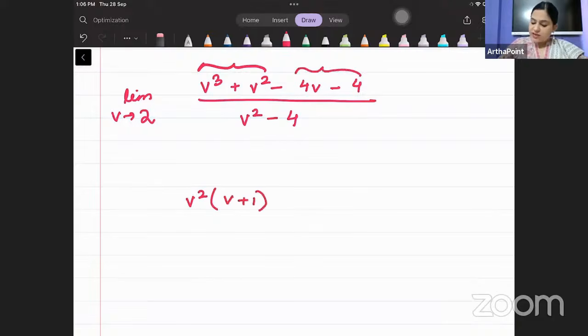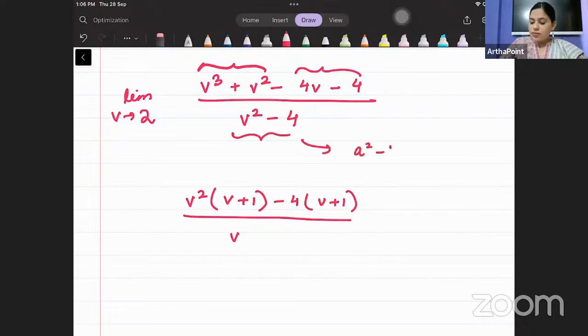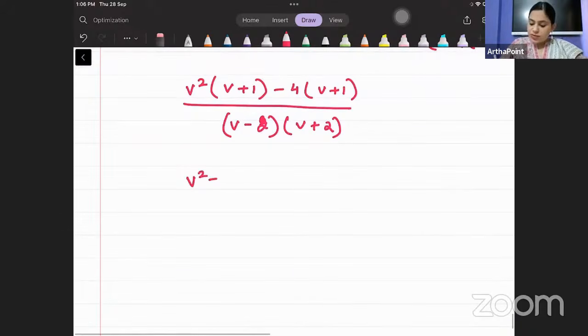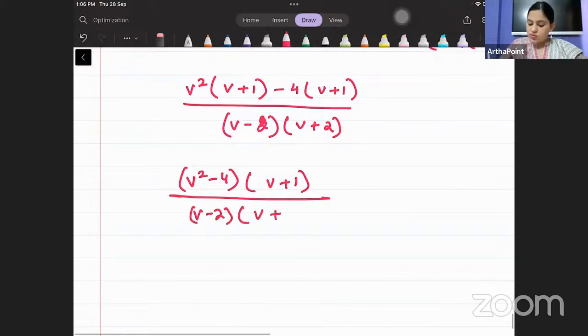And from this, if I take 4 common, minus 4, I will get v plus 1 upon, this is the formula of a square minus b square, that is nothing but a minus b into a plus b. So beta, it will be v minus 2 into v plus 2. So what will happen? v square minus 4 into v plus 1 upon v minus 2 into v plus 2.